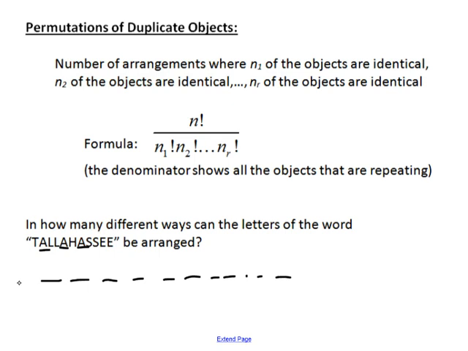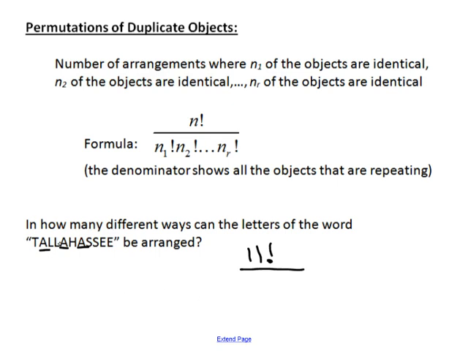Now, the easiest way to do this, though, is to treat them like they are all unique and say, let's have 11 factorial, right? Or 11p11. And then let's divide out all of the repeated permutations.